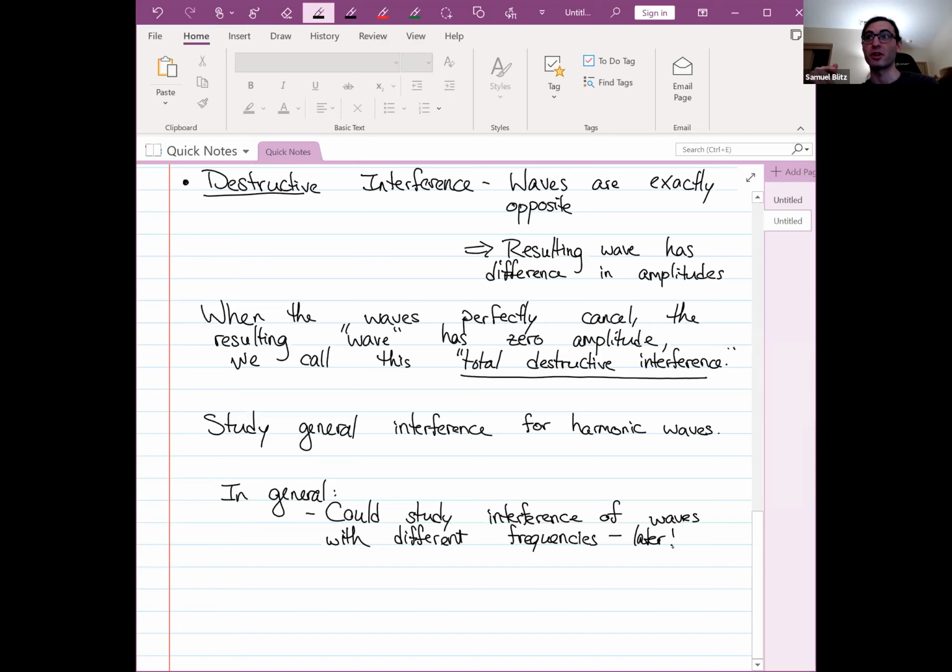Basically you go from either full cancellation or doubling of the amplitude to a slight decrease in amplitude and slight increase of amplitude. So it's a difference in scale, not a difference in kind. So we're just going to not worry about the case where the amplitudes are different. But again, the formalism that we are going to do today could be generalized to different amplitudes, and that's no problem.